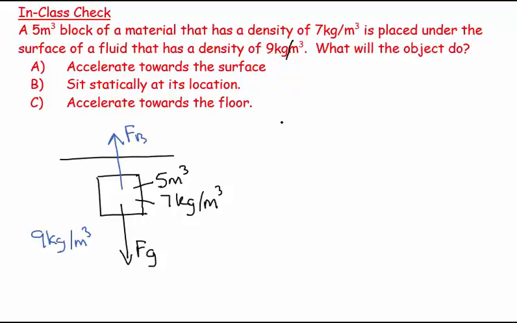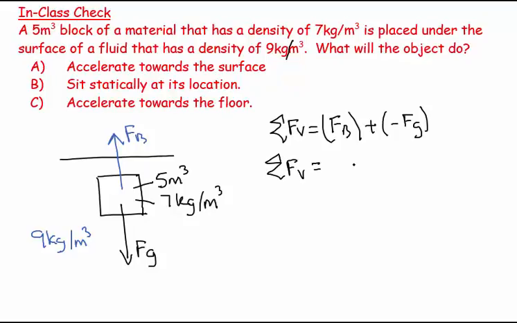I can say the sum of my forces vertically is equal to FB, which is pointing upwards, added to FG, which is going to point downwards. It's got a negative sign on it. So the sum of my forces vertically.